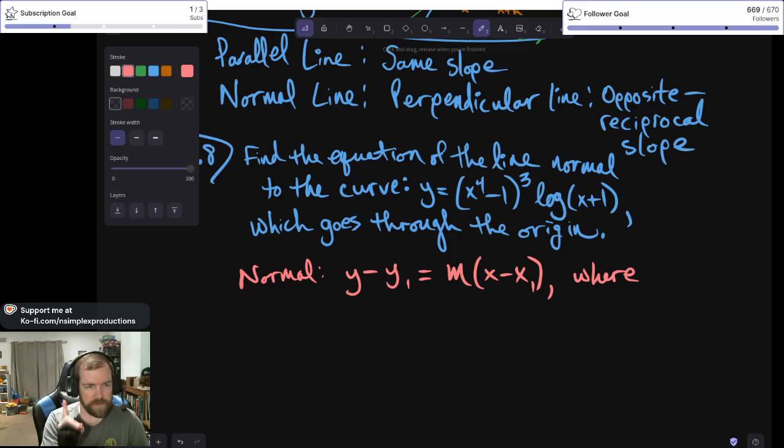Okay, so it's going to be this, where m is equal to negative 1 over y prime at 0. Right, so the slope has to be the opposite reciprocal of the slope of our curve that we have here.